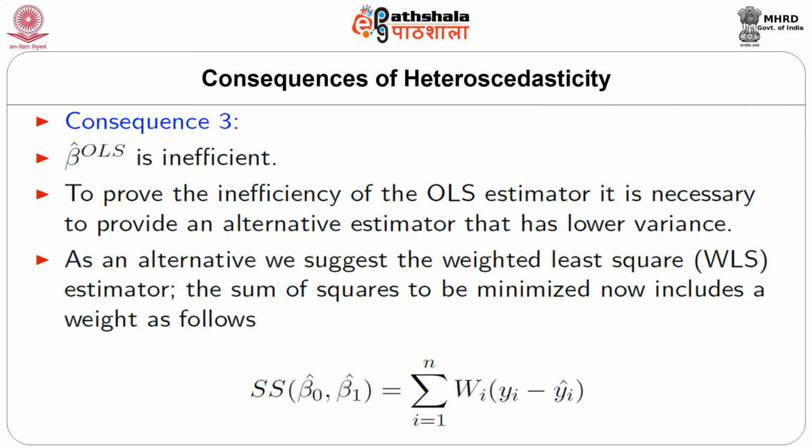We note that to prove an estimator is inefficient, it is necessary to provide an alternative estimator that has lower variance. In order to find an alternative estimator, we now introduce the idea of using the weighted least square estimator to obtain the estimates of the parameters.